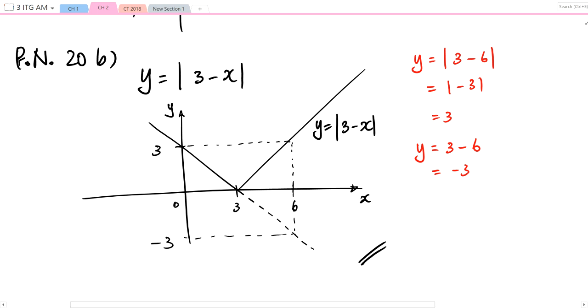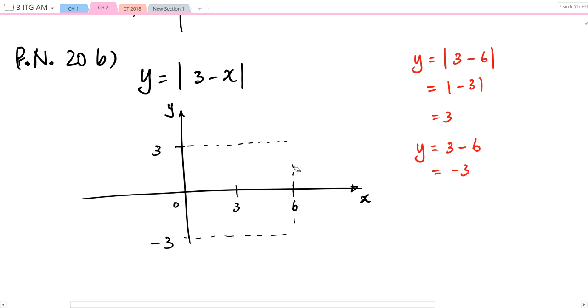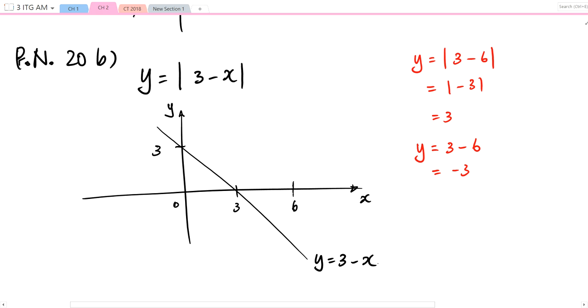I'll now show you common mistakes for drawing a modulus graph like this. So here we have the graph of y equals 3 minus x.